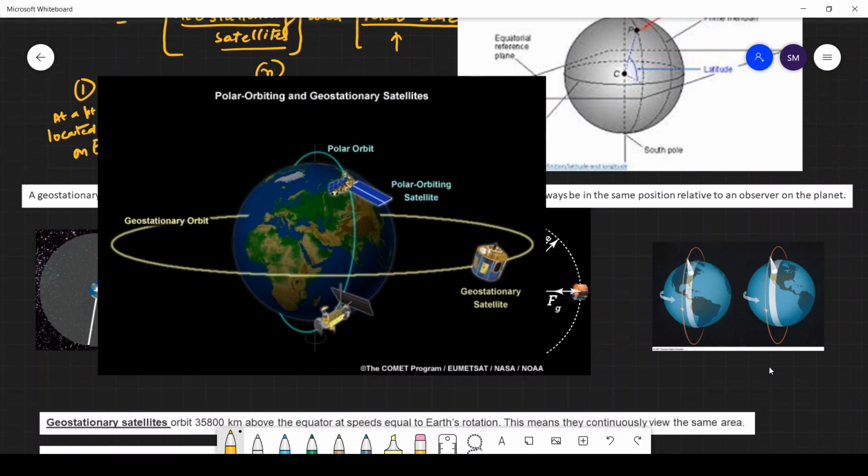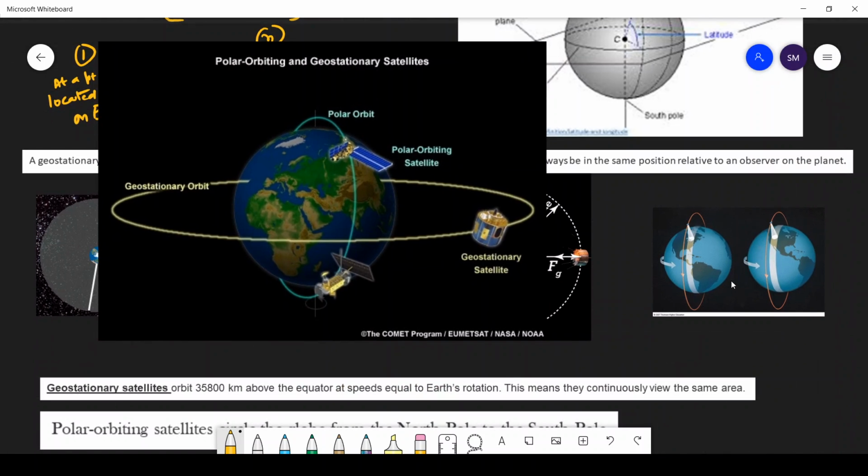Okay, now see, in this figure the earth is rotating in this direction, and this satellite encircles the earth in, suppose, roughly 100 minutes, so roughly 1.5 hours.